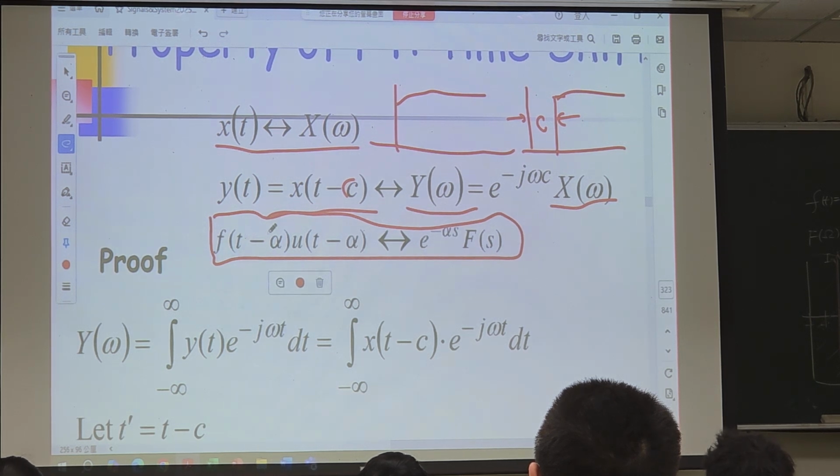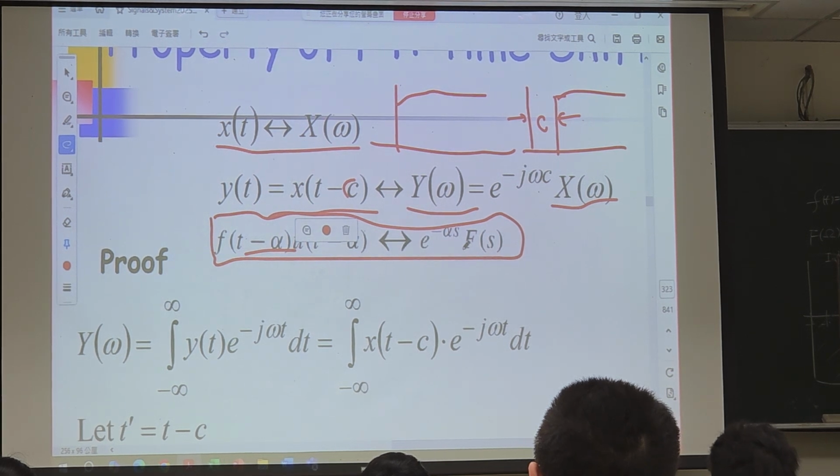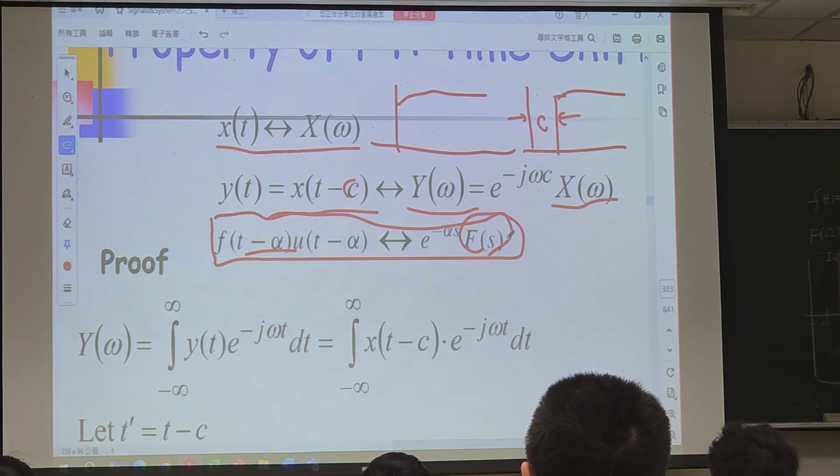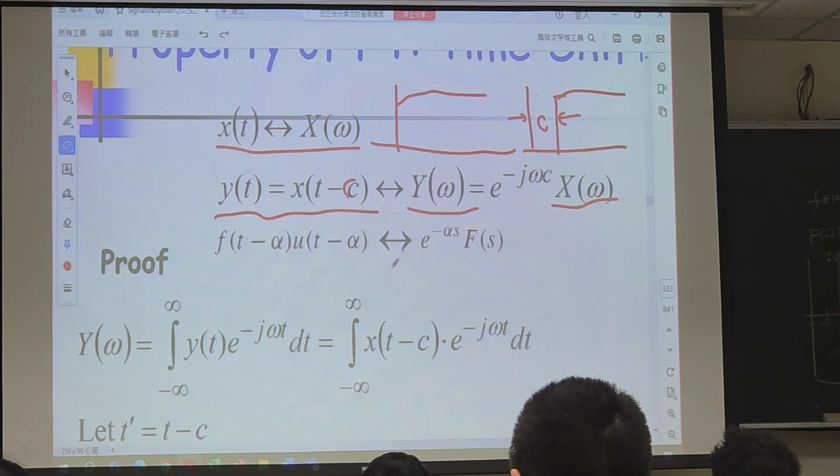In the Laplace transform, if we take the Laplace transform of this delay function, alpha seconds delay, then the Laplace transform is equal to F of s, the Laplace transform of f of t, multiplied by e to the negative alpha s. So e to the negative alpha s is the operator of time delay in the s domain, the frequency domain.